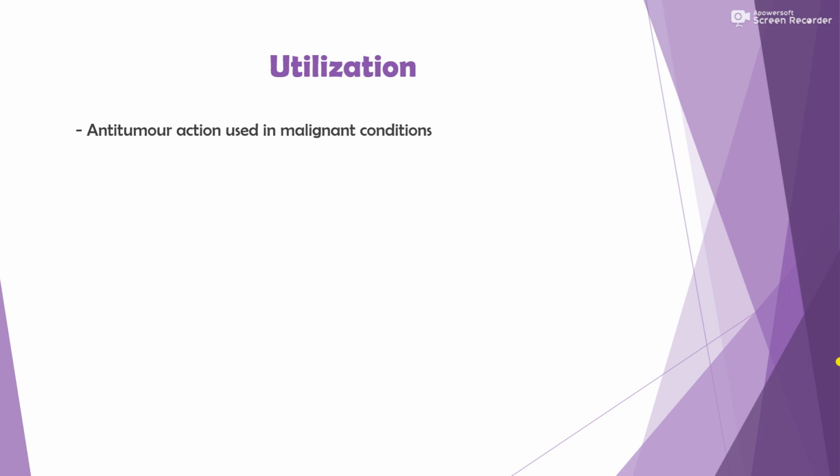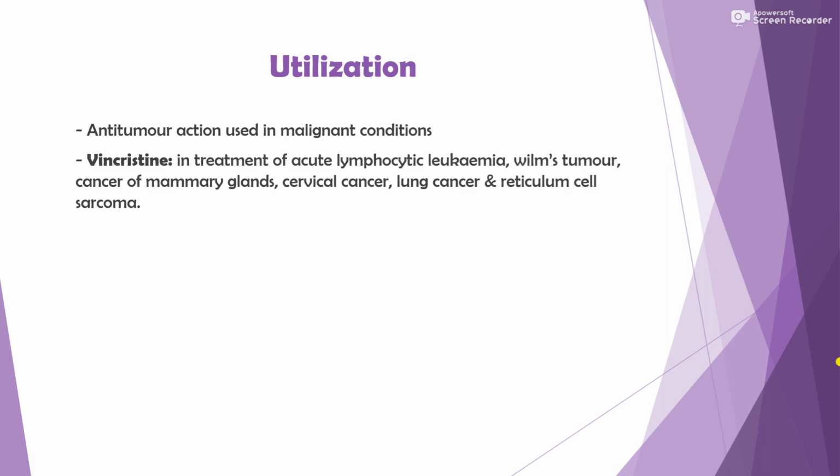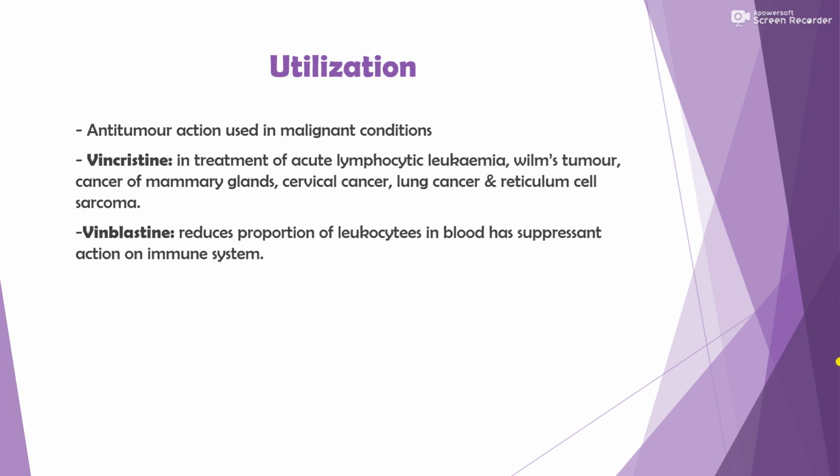Utilizations for the same: it has anti-tumor action, used in malignant conditions. Mainly vincristine is used in the treatment of acute lymphocytic leukemia, Wilms tumor, cancer of mammary glands, cervical cancer, lung cancer, and reticulum cell sarcoma. Vinblastine is usually used to reduce the proportion of leukocytes in the blood and has a suppressant action on the immune system.